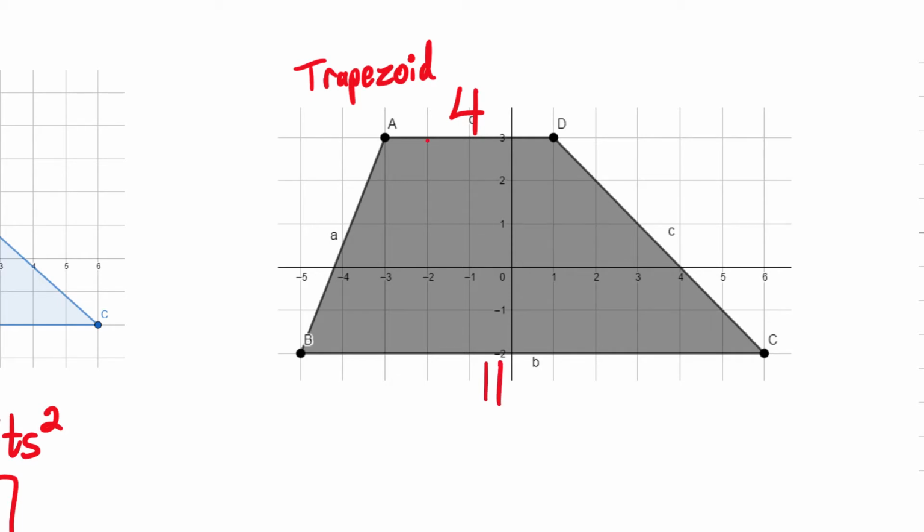Okay, and then the height, and I know on yours, I should have made this a different color. That's too dark on your paper, but the height is that right there. It's 90 degrees, perpendicular to those two bases, the shortest distance between those two bases. And so that's 5 units, okay?